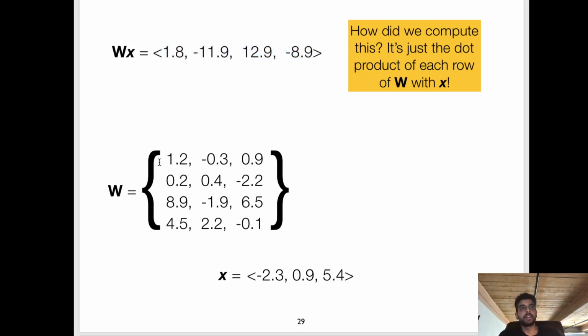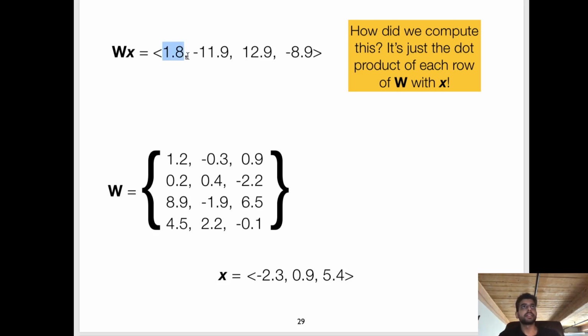Because I've multiplied this 4x3 weight matrix with this 3-dimensional vector. So the resulting matrix vector product is 4 dimensions. But let's look more closely at what this actually means to connect with the intuition from the previous slide. I know that was probably pretty confusing.